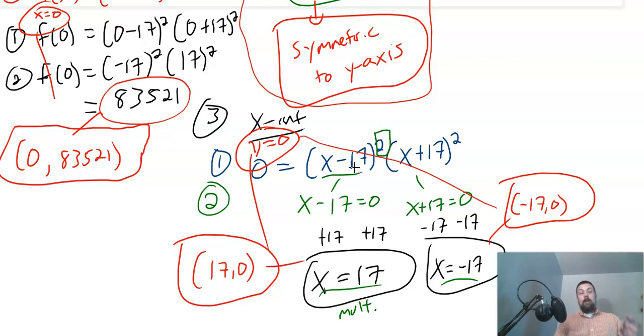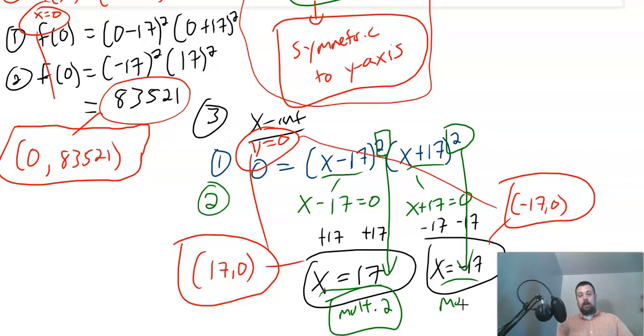Sorry, I'm saying the answer. This factor has an exponent of 2, which means this root has a multiplicity of 2. Right. Same thing here, right? This root was derived from this factor, which had an exponent of 2, so the multiplicity of this root is 2.